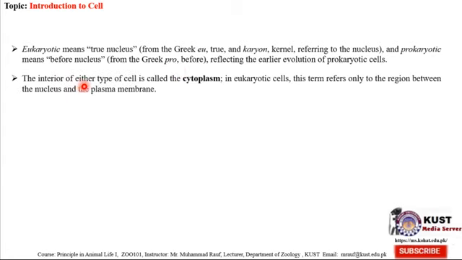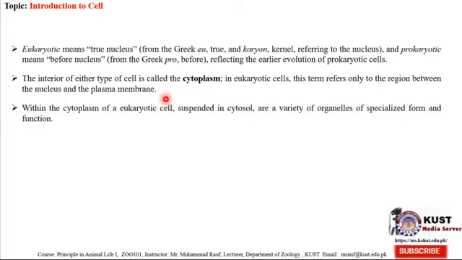Now the interior of either type of cell is called the cytoplasm. In eukaryotic cells, this term refers only to the region between the nucleus and the plasma membrane. Within the cytoplasm of a eukaryotic cell, suspended in cytosol, are a variety of organelles of specialized form and function.